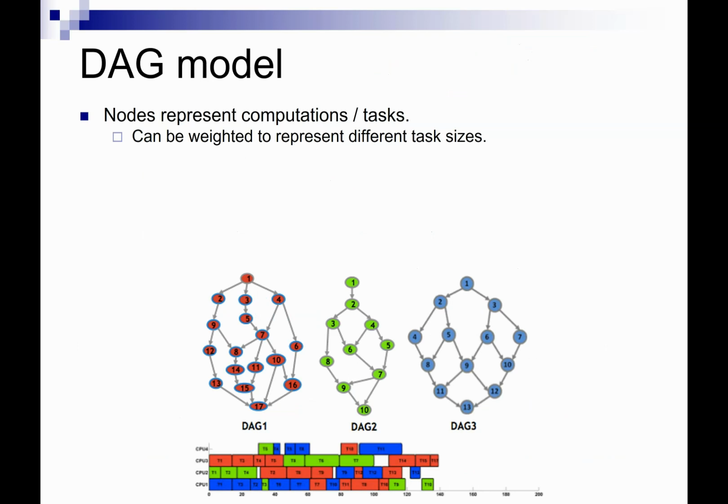Now we're going to talk about several different ways of measuring the performance of a parallel program. The reason we have several is because none of these performance analysis models perfectly captures parallel performance.